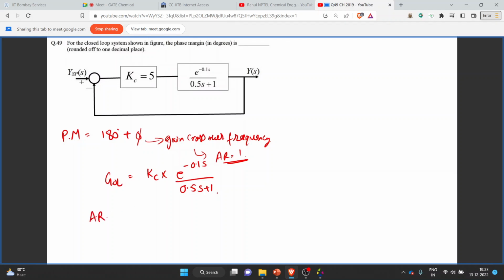For Kc equal to 5, it will be 5. For this exponential or the dead time term, e raised to minus 0.1 s, it will be simply 1. And for 1 upon 0.5 s plus 1, we can write it as 1 upon under root of omega square tau square plus 1, that is, 0.5 omega whole square plus 1.